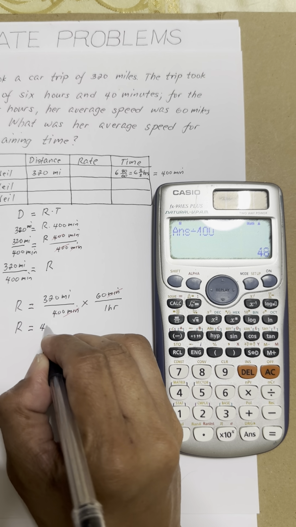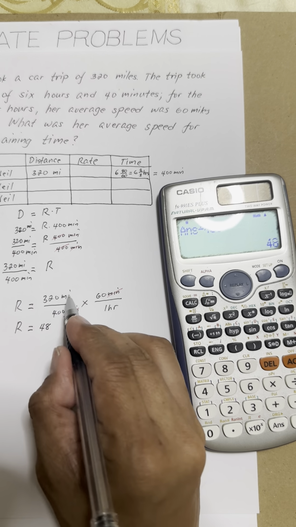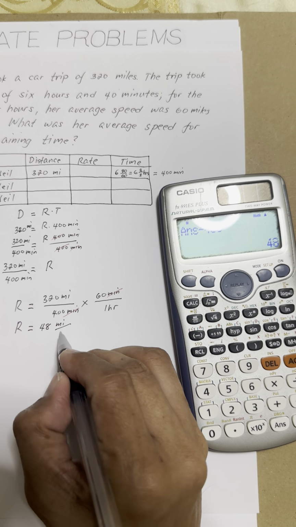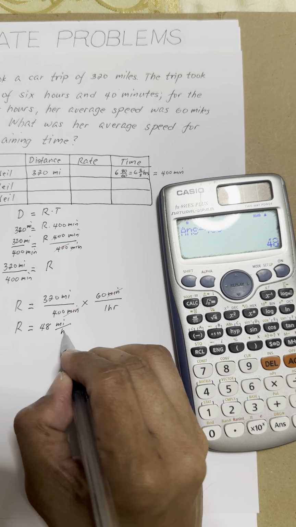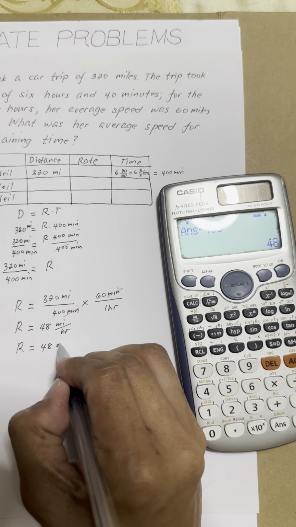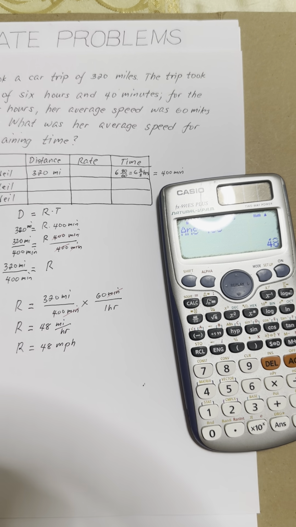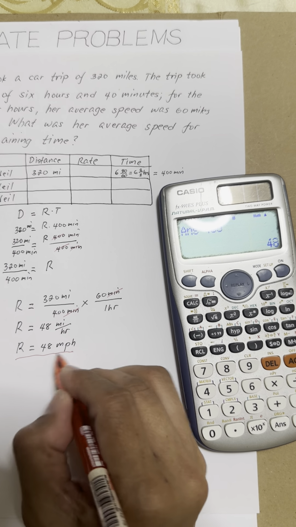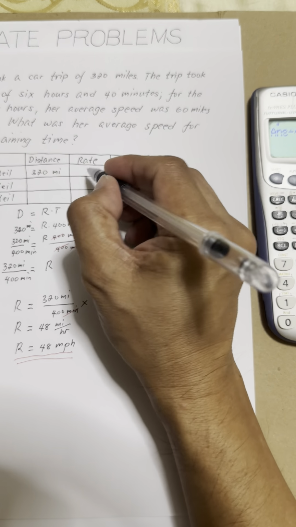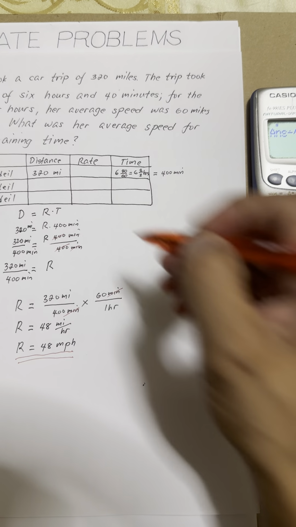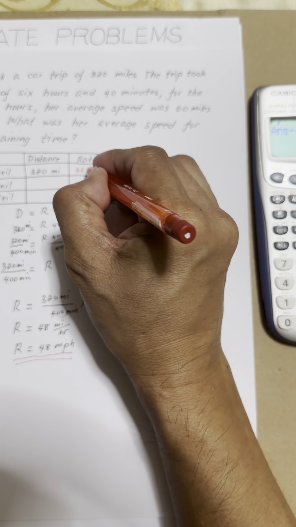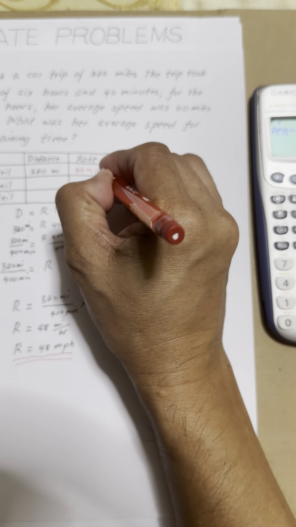The unit is miles per hour. So R equal to 48 miles per hour, or simply 48 mph. Okay, so we can fill this slot now. So the rate is 48. I'll just use the red color to indicate this is calculated. So 48 miles per hour.